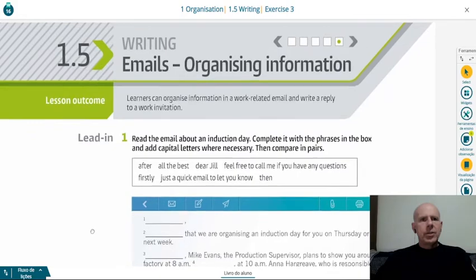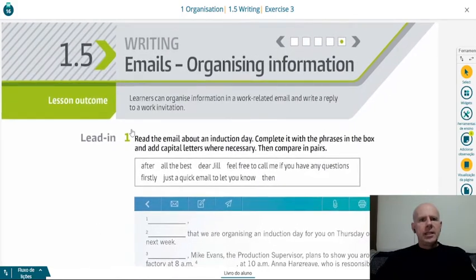And what are we going to do? Look here. Learners can organize information in a work-related email and write a reply to a work invitation. Well, let's see. Work invitation. Have you seen the word induction day?